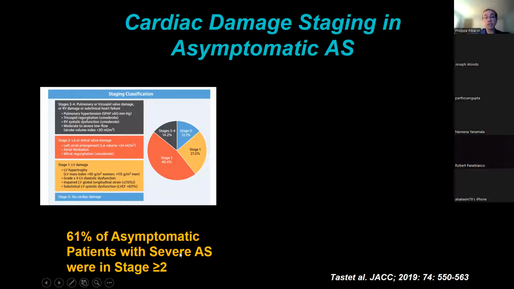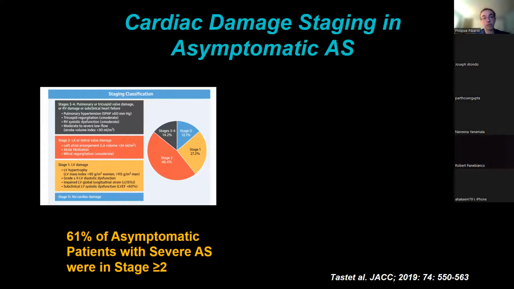And what is interesting is that 61% of these patients were asymptomatic, and the asymptomatic status was confirmed in the context of the heart valve clinic by exercise testing, etc. So it's truly asymptomatic. Well, they had evidence of advanced cardiac damage staging, so stage 2 or more.